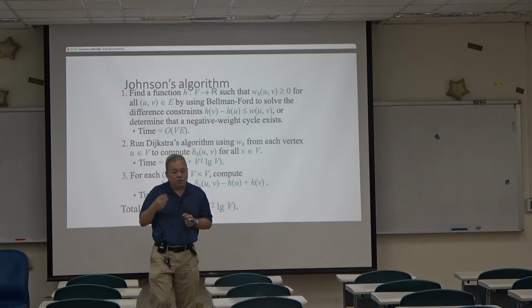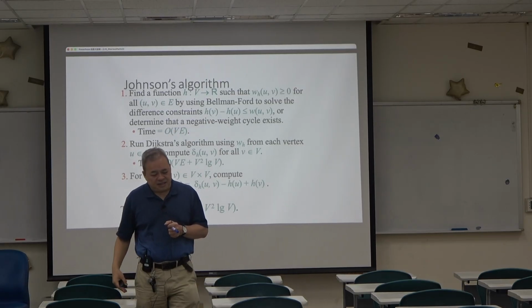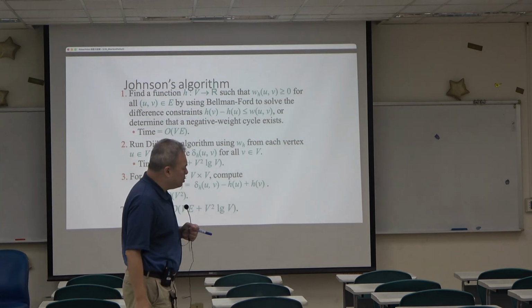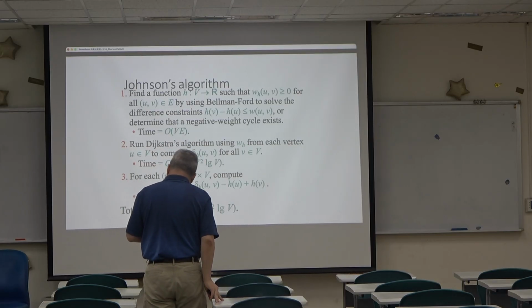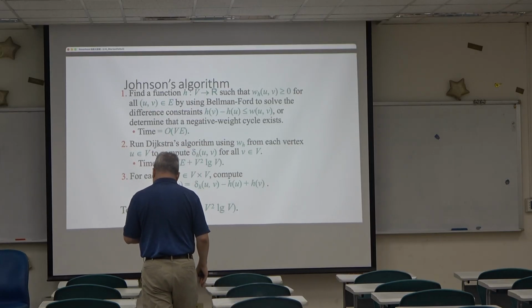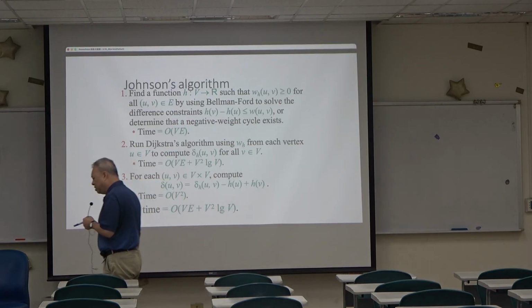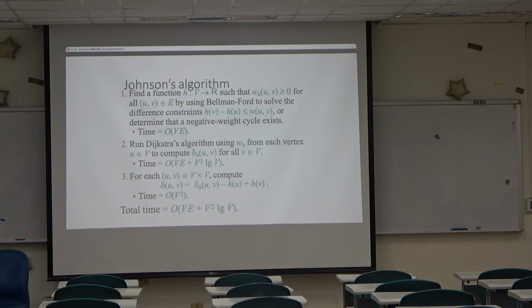Once you find such an assignment, you do the graph reweighting, and the reweighted graph now has no negative weight edges.